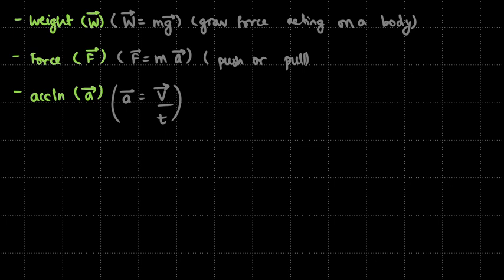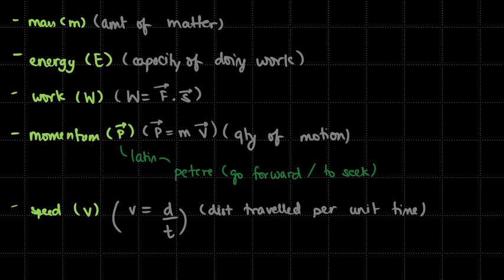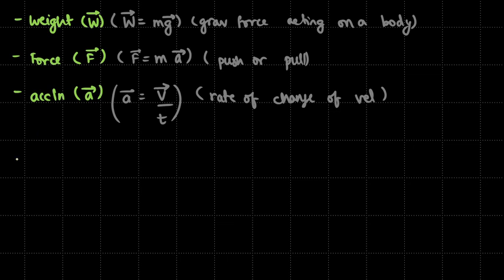So there's a vector arrow, it means it's a velocity, and it is basically the rate of change of velocity. I think that would be a pretty good definition for acceleration. And after that we have momentum. I think we did momentum. Yep, we did momentum. After that we have energy. We did energy. And finally we have displacement.